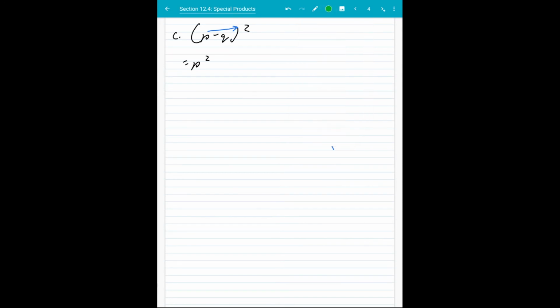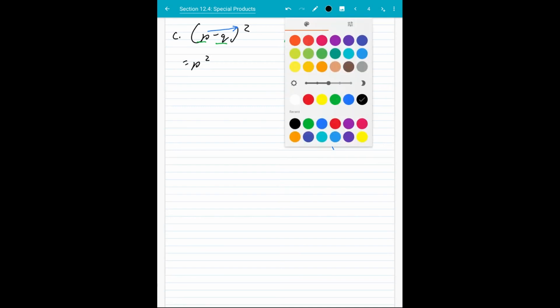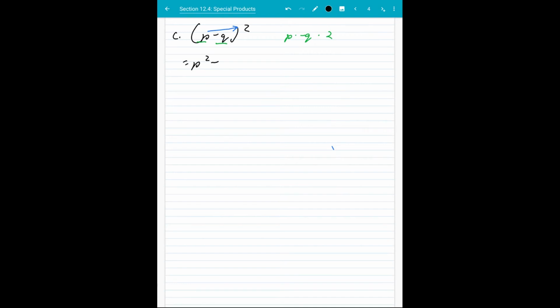Now do this times 2. P times negative q times 2. That would give us negative 2pq. Then take this number squared. That would be plus q squared. It's kind of a shortcut from expanding it.